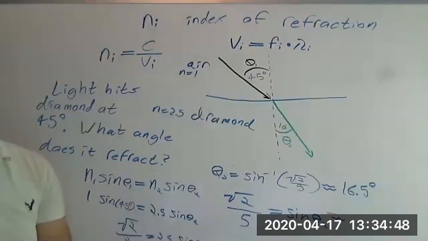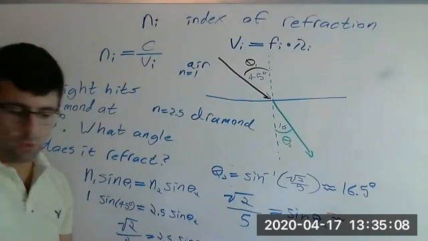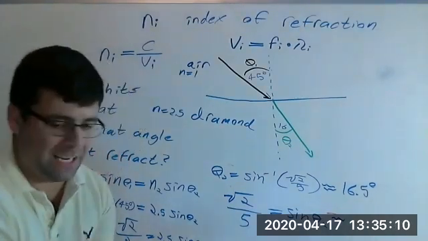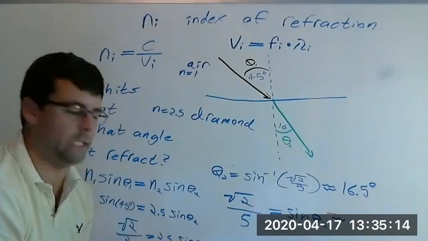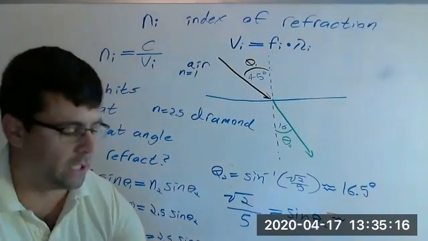So we've got two laws now that we can start to combine and get some really interesting things out of. Diamonds are well known for being very shiny, very pretty.